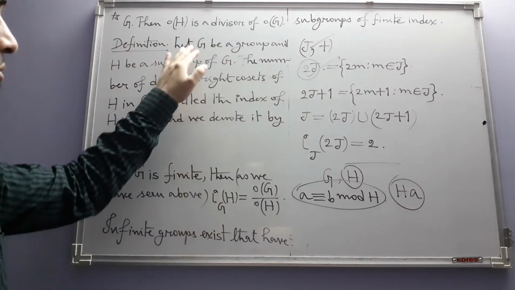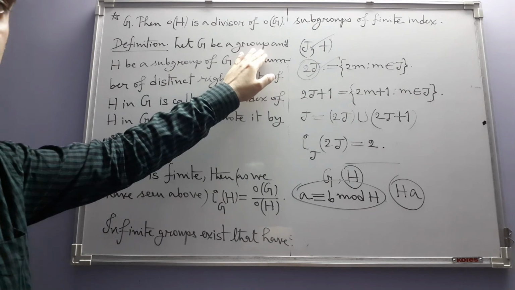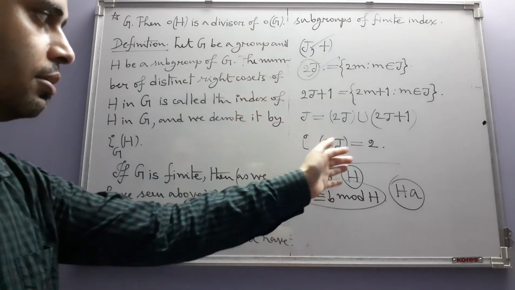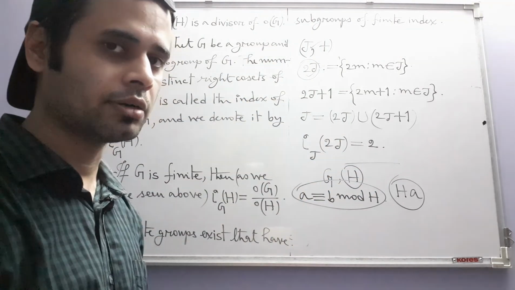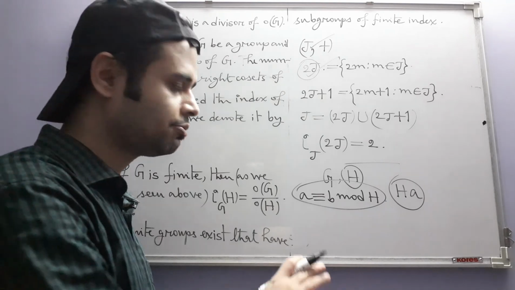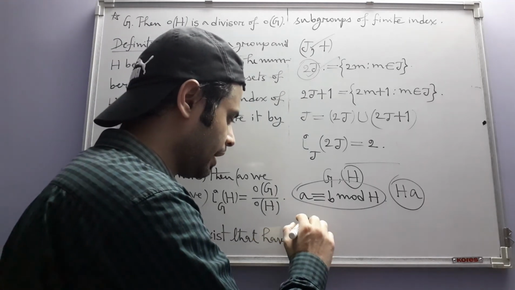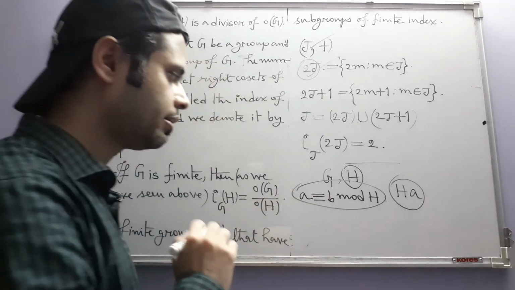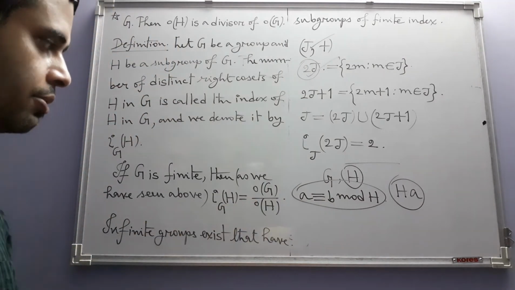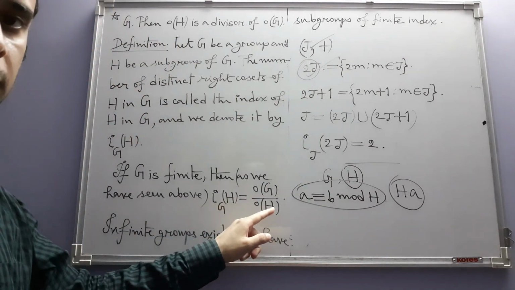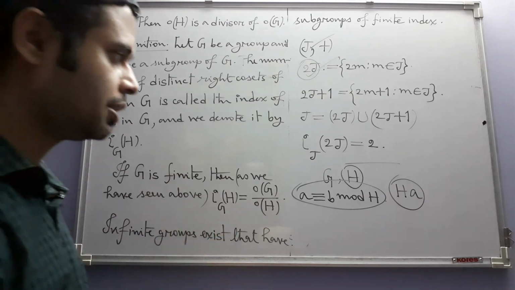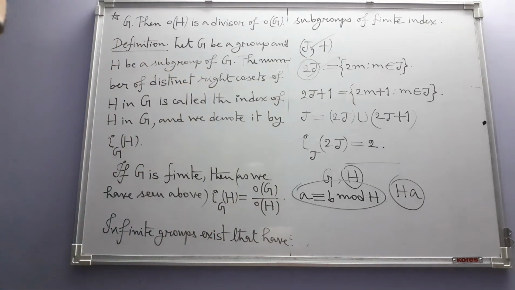Then we considered a finite group and we got Lagrange's theorem. It dropped out as a consequence of our attempt to calculate the number of elements in the original group in terms of the number of elements in the subgroup. So from there we have got Lagrange's theorem.